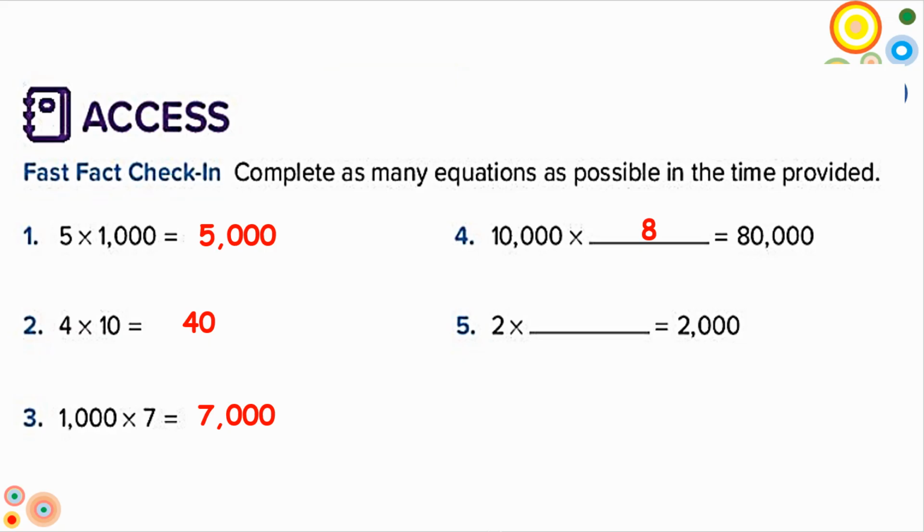That's it. Number 5. 2 times what equals 2000? Remember what we said in question number 1 and 3? 5 times 1000, 5000. 7 times 1000 equals 7000. So here 2 times what equals 2000? It will be, yes, 1000.